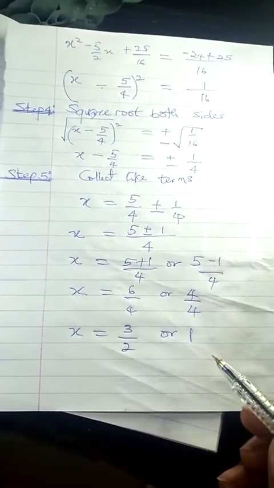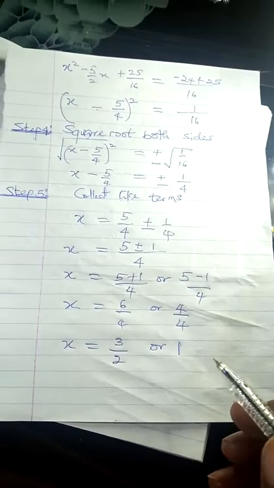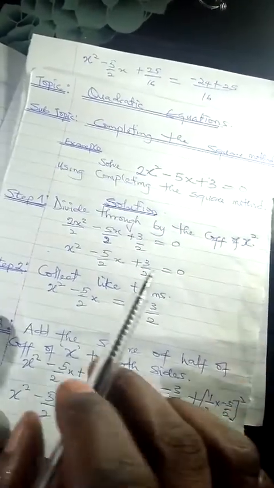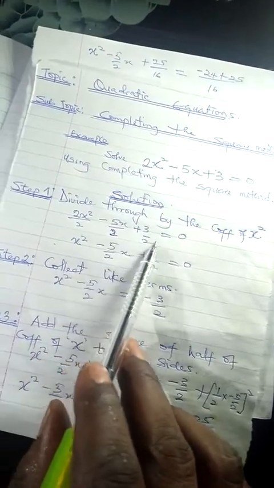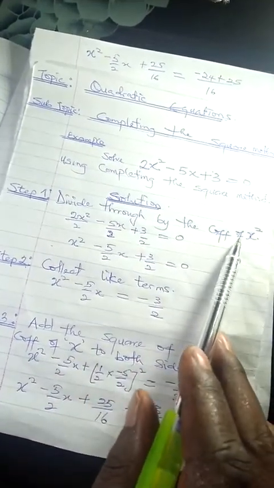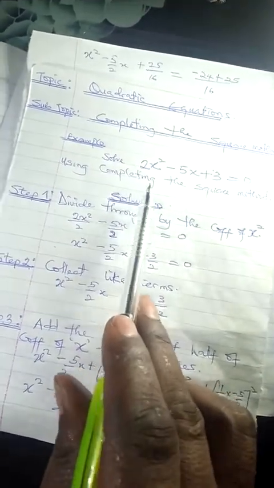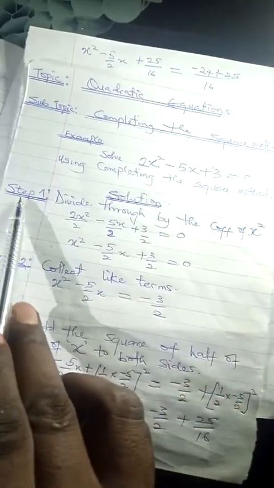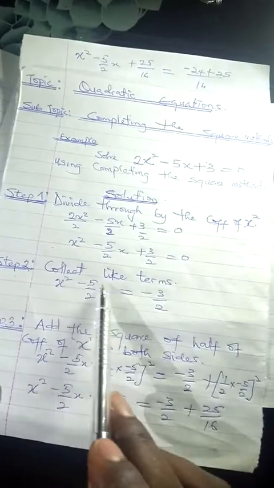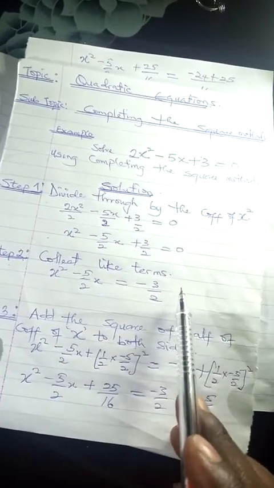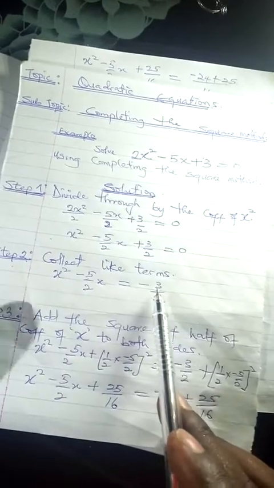Once again, when we want to solve a quadratic equation using the completing the square method, we have 5 steps. The first one, we divide through by the coefficient of x squared if and only if it's greater than 1. If the coefficient is 1, we ignore step 1 and start from step 2. Collect like terms to have constants on the right hand side and the algebraic part on the left hand side.